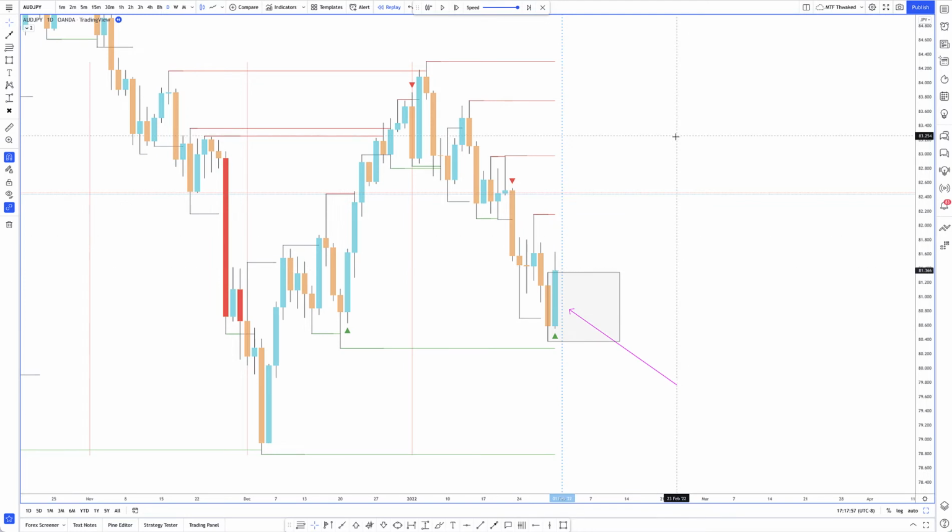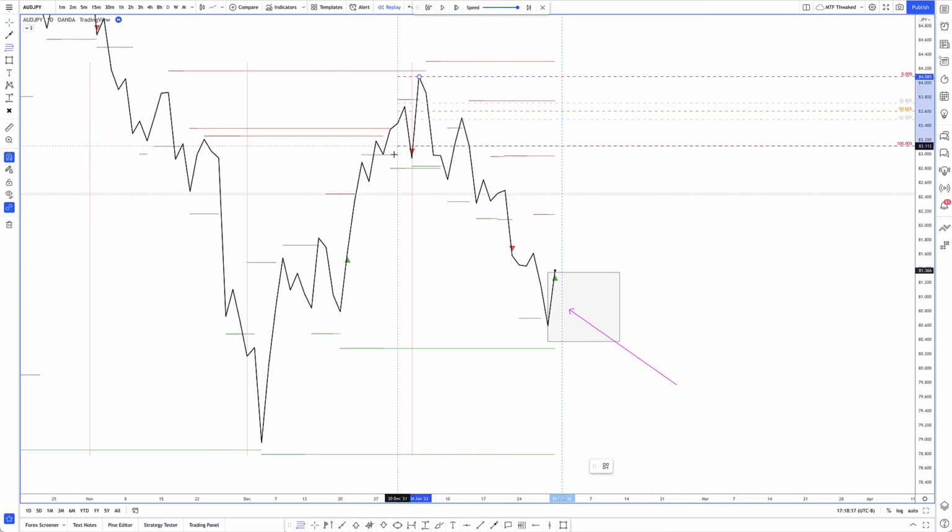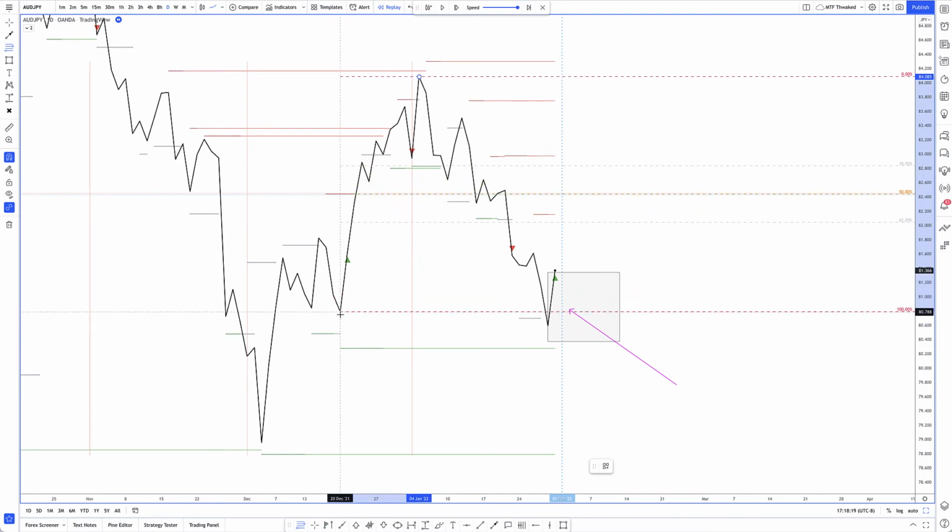The next thing you need to validate is to assess in what range this order block is forming. I'll show you in a minute why that is important. The way to do that is basically switch over to line chart and draw a range from the high to the lowest point.